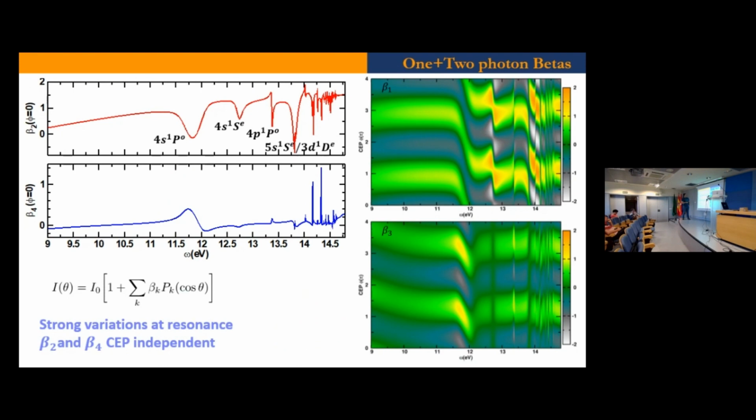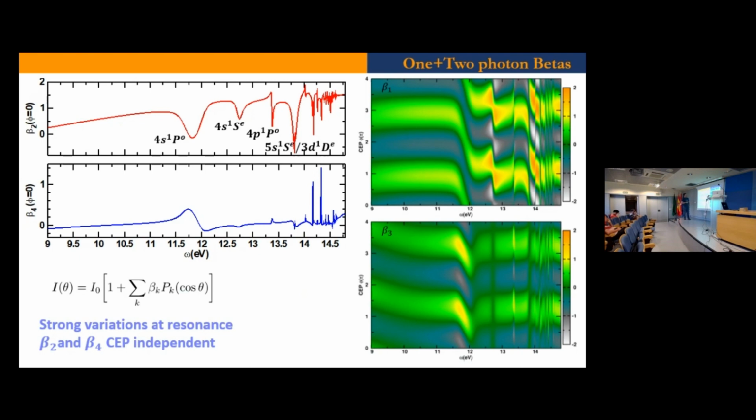What we can do to prove that this is the effect of the Rydberg states is just to plot the beta parameters. So now we have beta 1, beta 3, beta 2, and beta 4, because I didn't mention it, but the interference between states of different parity is breaking the symmetry of the angular distribution. That way you have beta 1 and beta 3.